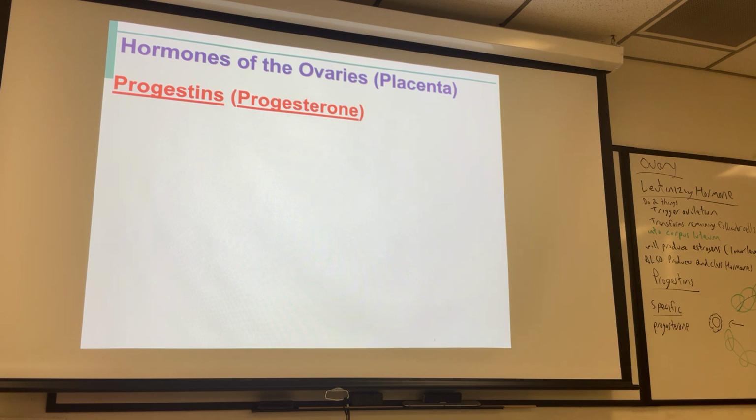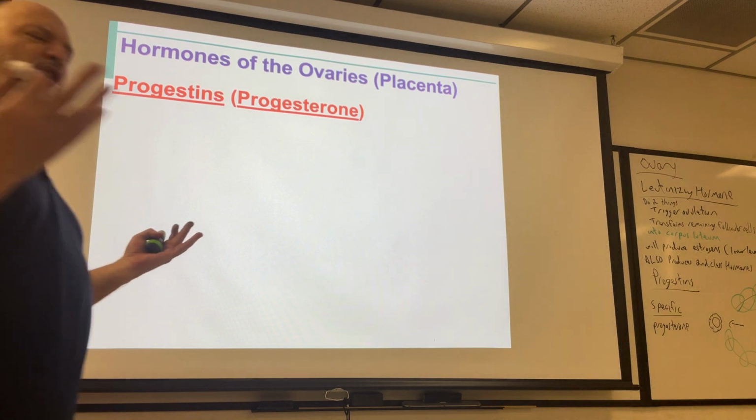So basically, once that egg is released, the female body needs to start preparing for pregnancy. This progesterone, and progestins in general, is a warning bell. It says, hey, the egg is on the loose, fertilization could occur any minute now, get ready for pregnancy.